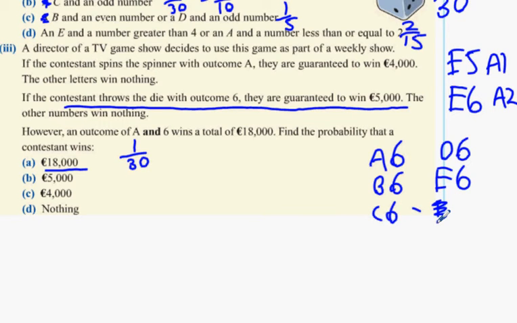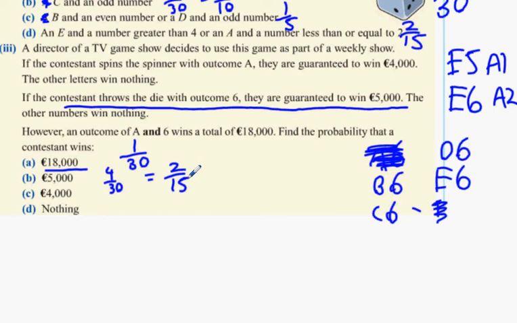You can still win the 5,000, but A6 wins 18,000, which is included in the prize. So you get rid of A6 because that wins 18,000, and you have 4 out of 30, which is 2 out of 15.